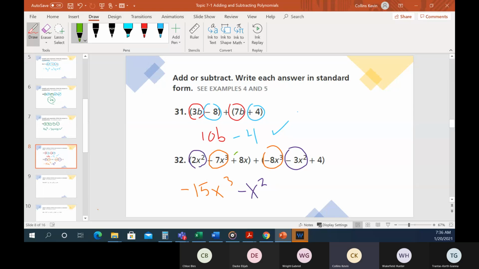Because we've only got an 8x, so we'll bring him down. And we've only got a 4, so we'll bring him down. And that's it. Questions on this one? I guess these two.